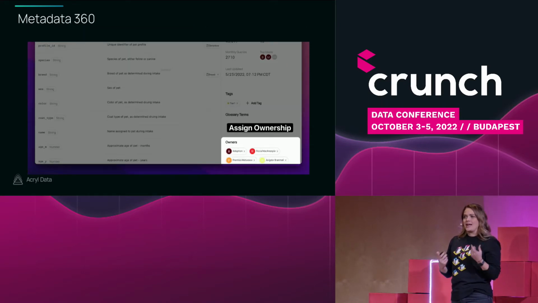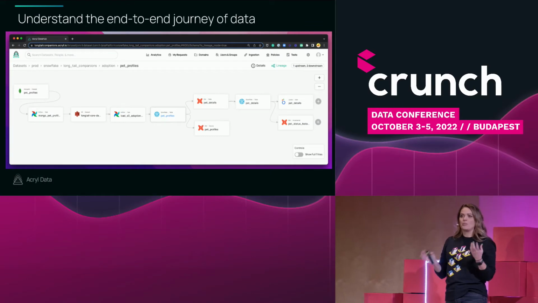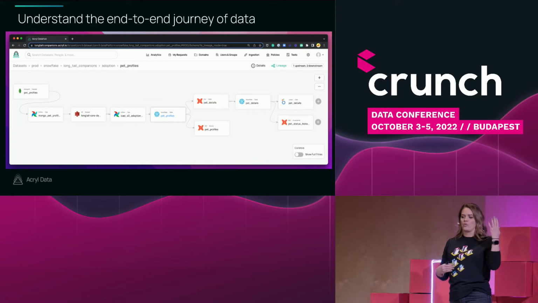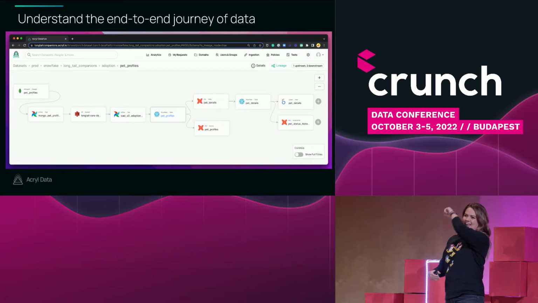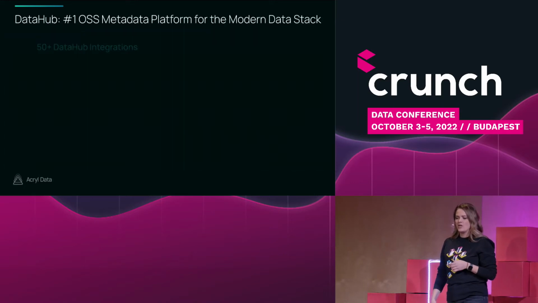We can also assign ownership to it, so you have a clear line of sight into who is responsible and for what. And then, of course, Data Hub does a really great job of helping you understand the end-to-end lineage or journey of your data, so all the way from where it was originally produced, and how it can be transformed, processed, and ultimately surfaced up in your reporting tools or your analytic tools from there.